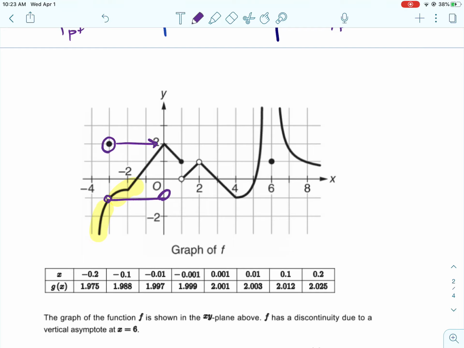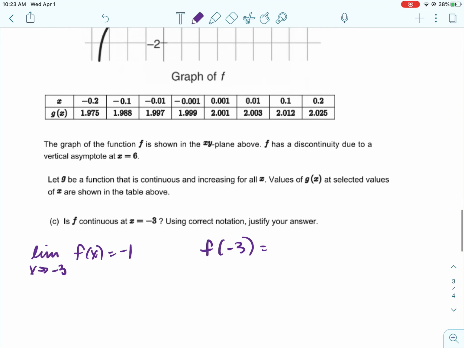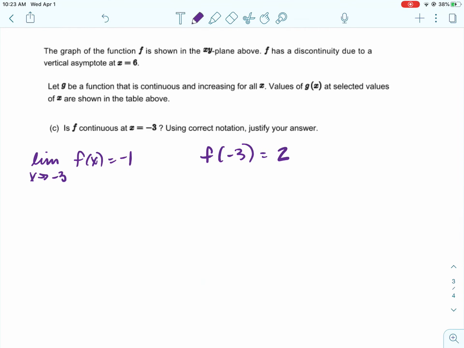All right, and then we would need to find f of -3. So f of -3 is this point right here. It's where there's a hole right here. So we don't look at the hole to find the value of the function. We look at the darkened point to find the value of the function. So that is going to be 2.